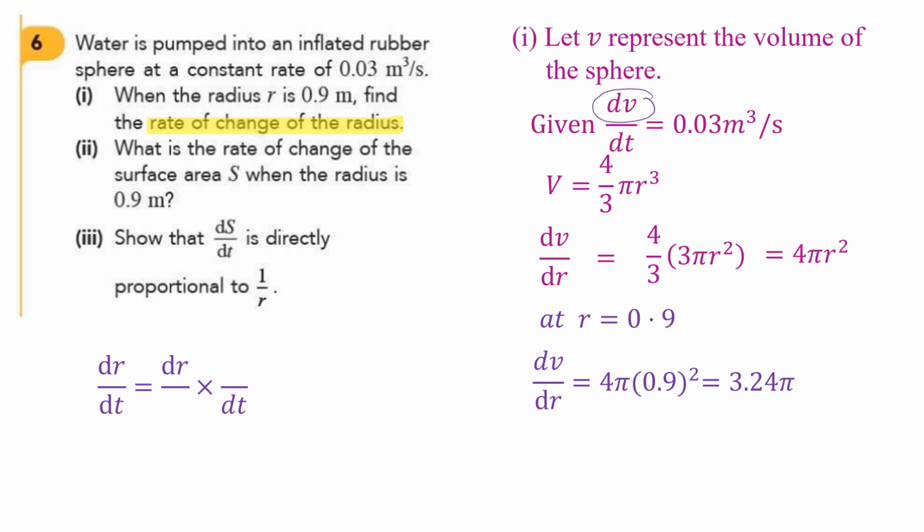So the blank that I need to fill in will be your dV. And we have found dV over dr earlier on to be 3.24 pi. So dr over dV will be 1 over 3.24 pi, and multiply by 0.03, and that gives you 0.00295 units per second. That will be the answer for part 1, expressed to three significant figures.